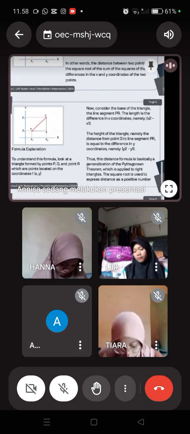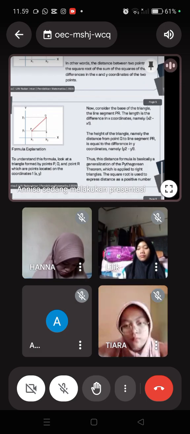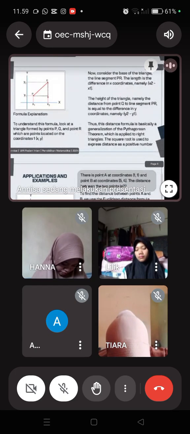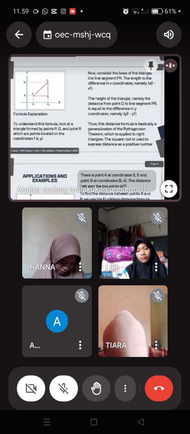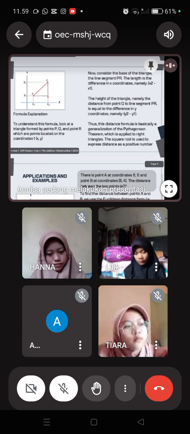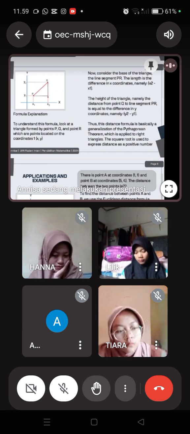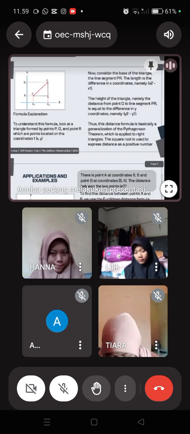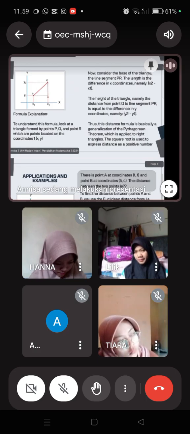The height of the triangle, namely the distance from point R to point Q, is equal to the difference in the y coordinates, y2 minus y1. Thus, this distance formula is basically a generalization of the Pythagorean theorem, which applies to right triangles. The square root is used to express distance as a positive number.